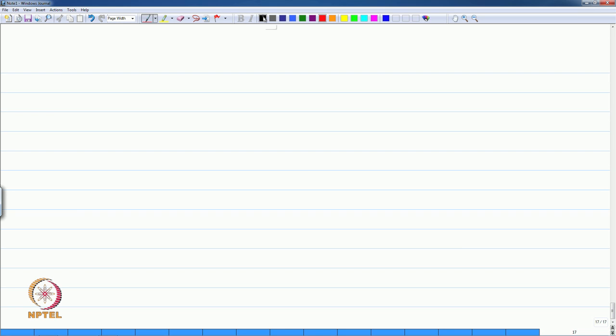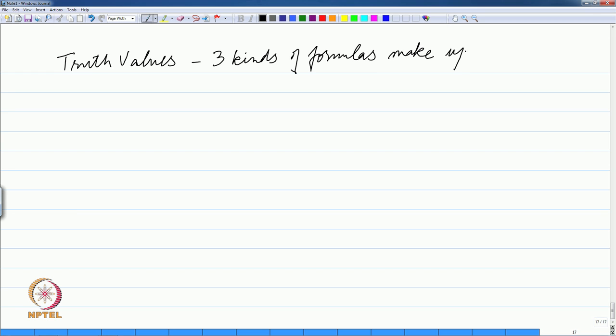so in general there are three kinds of formulas. Remember that we have defined this set of formulas given a language essentially. This set is basically partitioned into three kinds of formulas.